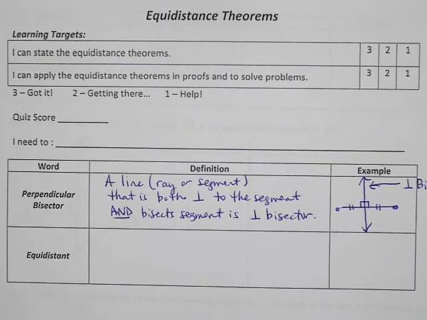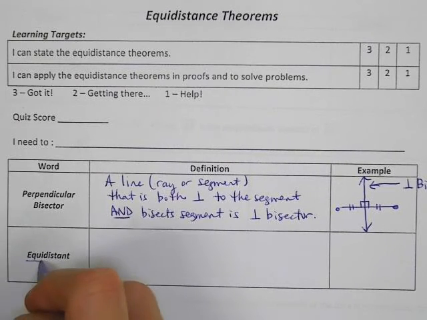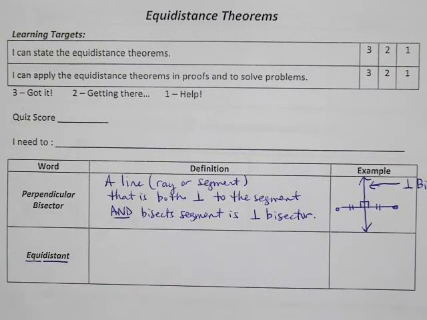We have this other idea that you see in the title of the lesson called equidistant. If you just look at the word, equi, meaning equal, distances, that's exactly what equidistant means.